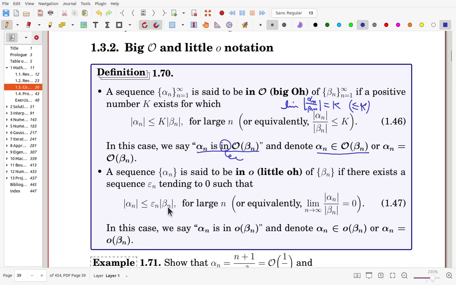Equivalently, alpha n divided by beta n, as n approaches infinity, goes to 0. If this is satisfied, then we are using little o notation. So alpha n is in little o of beta n, and we can use this notation, or ignoring it, again use the equal sign.